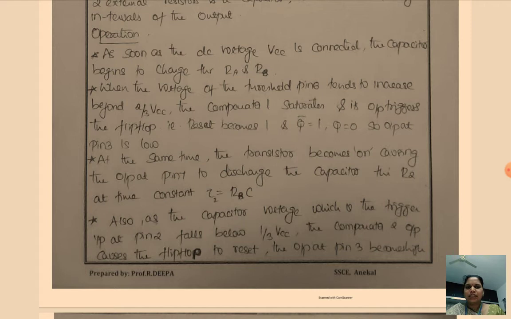As the capacitor starts discharging, if it falls below 1 by 3 times of VCC, the second comparator output will cause the flip-flop to set. That is, the set will be 1, the output will be high, and Q bar will be 0.